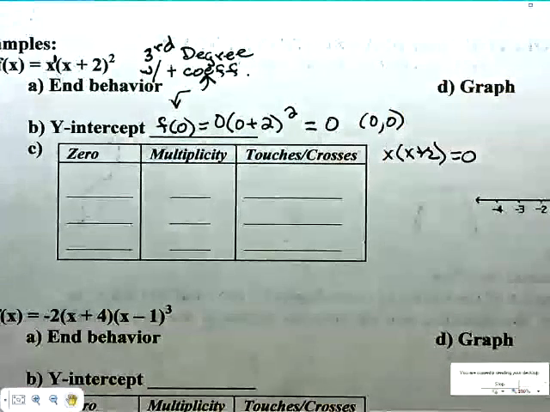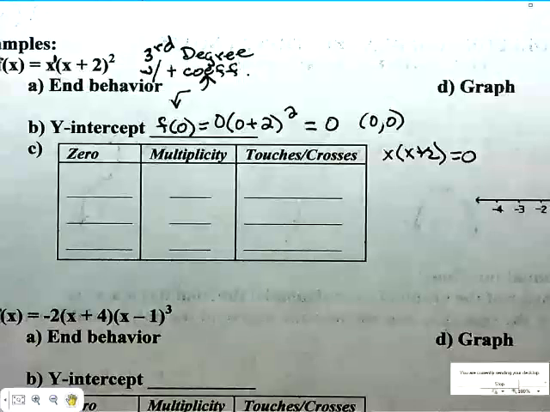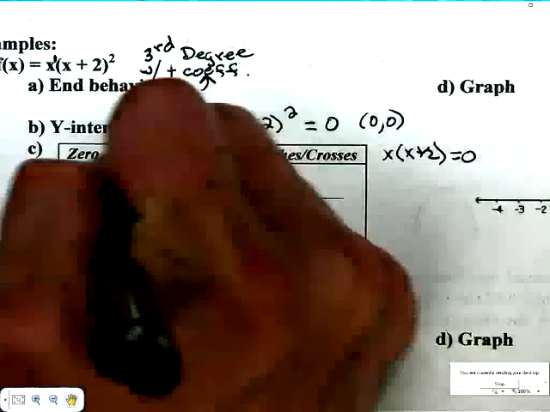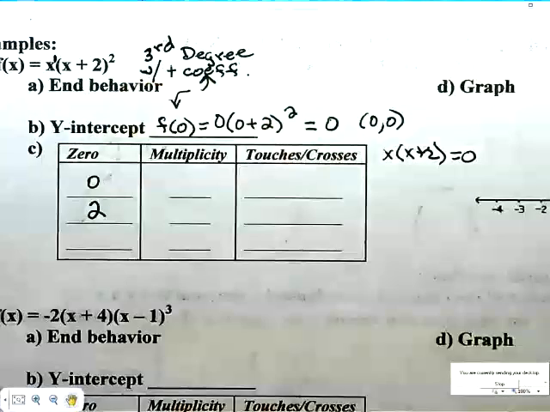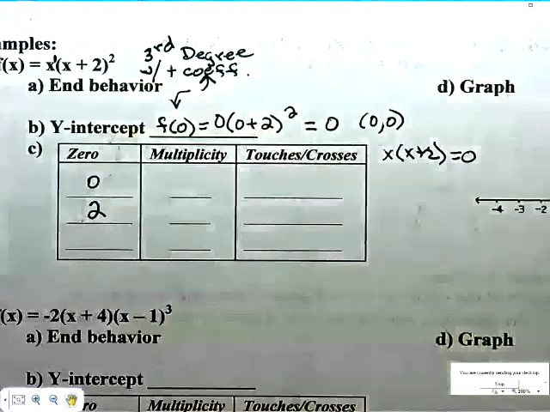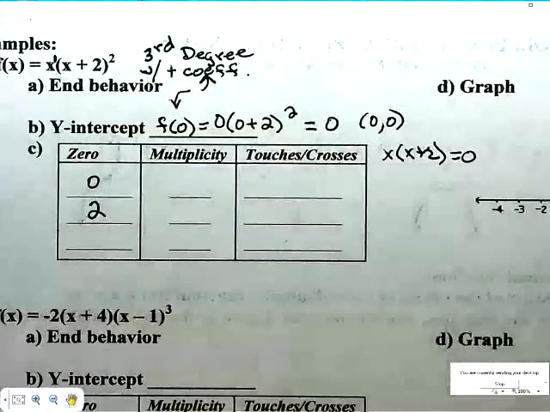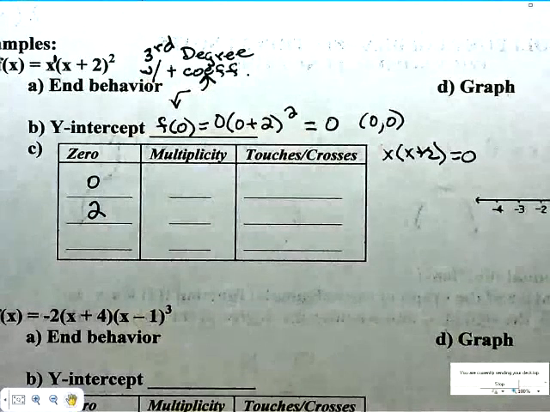Yeah, x equals 0 or x equals -2. Those are your two zeros. Just because I left 3 blanks doesn't mean you're going to have 3 zeros. I just wanted to cut and paste all these boxes the same. Is that okay? All right.